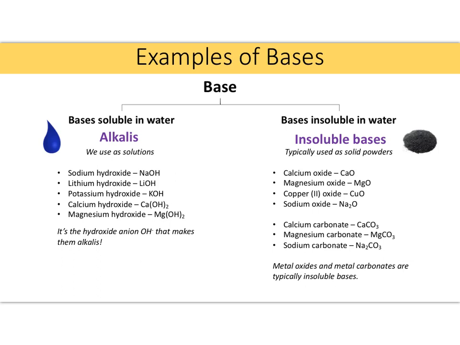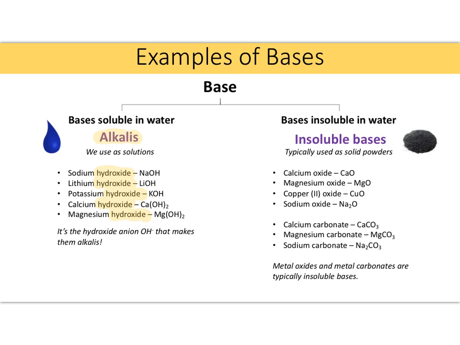So how can we tell quickly if something is a soluble base, an alkali, or an insoluble base? That's really going to be the second part of the substance name. If you look at the ones on the left, which is alkalis, we've got a list of example alkalis: sodium hydroxide, lithium hydroxide, potassium hydroxide, calcium hydroxide, magnesium hydroxide.